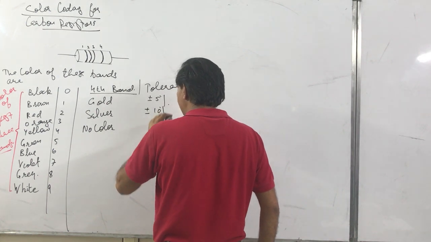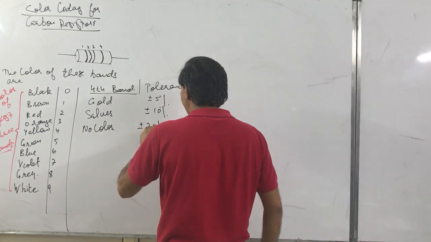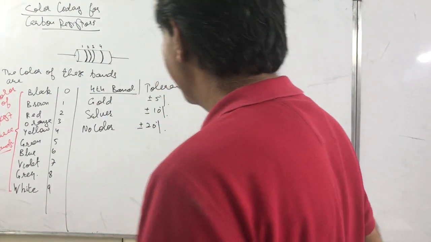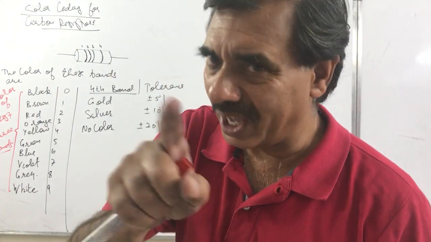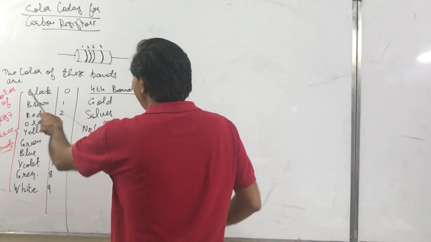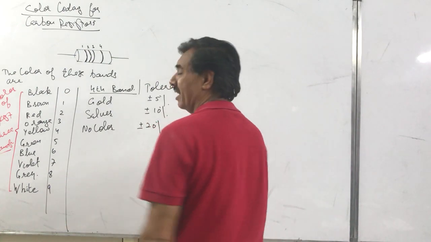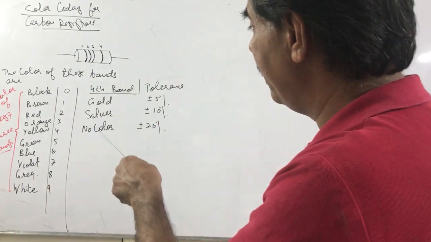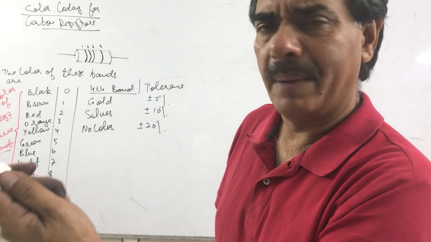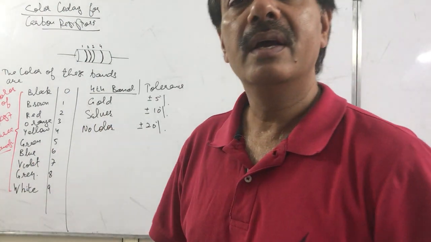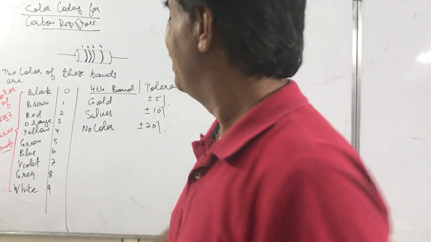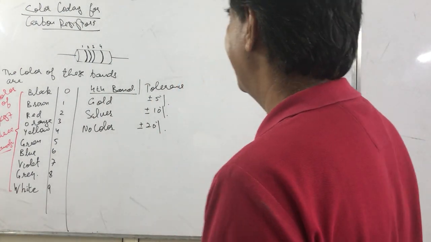Silver is plus minus 10%, and no band is plus minus 20%. सबसे रहते हैं गोल्ड तो गोल्ड. अच्छा वो दोबारा बताऊँ वो क्या था, B.B. Roy lives in Great Britain and has a very good wife, right?